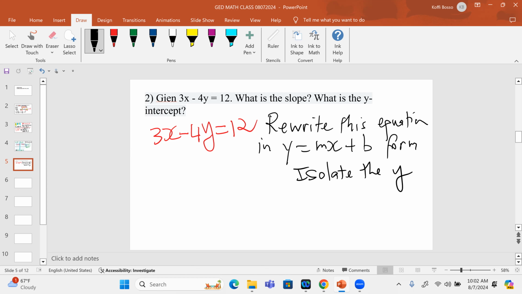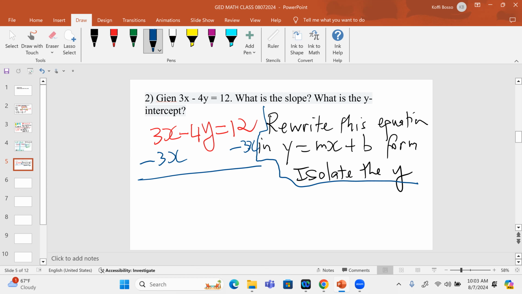So how to do that? We're going to take away the 3x. So I'm subtracting 3x on both sides, right? So that means we don't have this anymore.